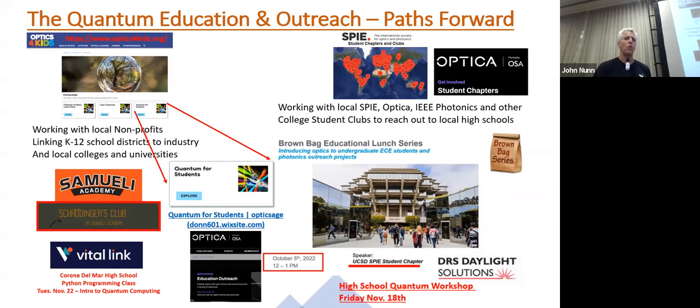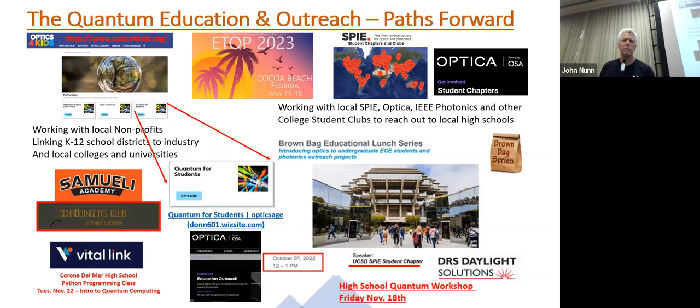And then again, this Quantum for Kids, Optica actually put my website, Quantum for Students, on their Optics for Kids website. I just found that yesterday or the day before. So I was very happy to see that Optica is on board with what I was trying to propose, and SPIE is doing something very similar with their student chapters. So this modifiable content and the other resources I have for students is getting out there in the optics and photonics world.